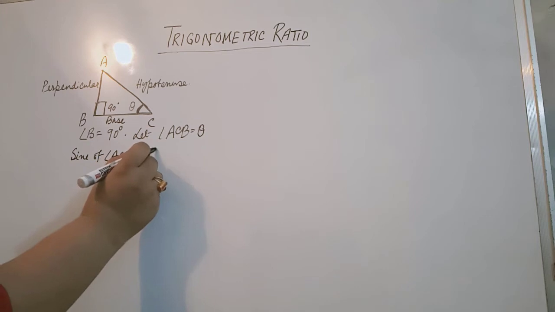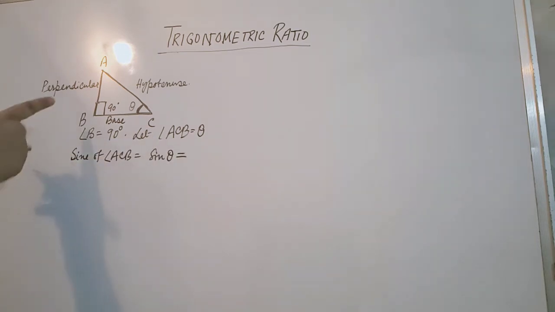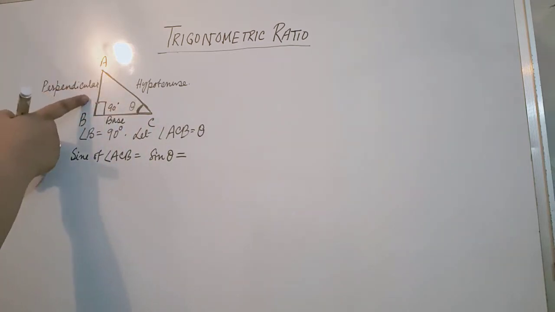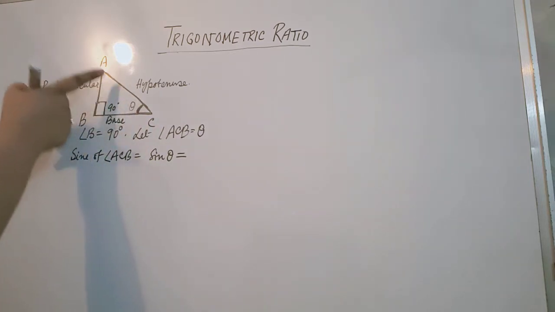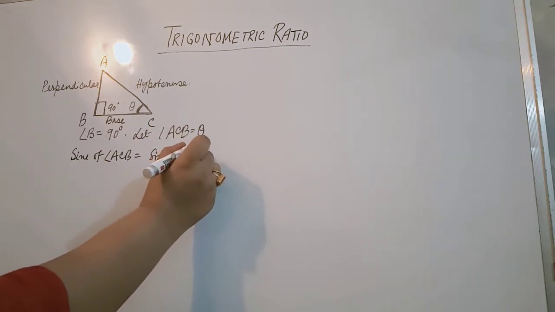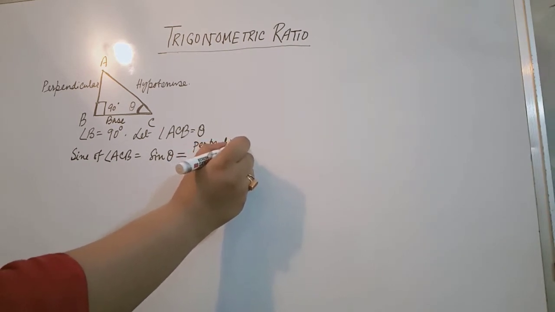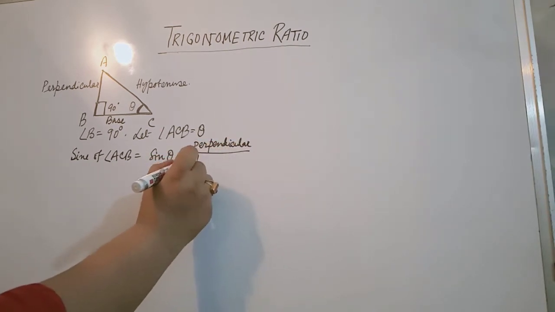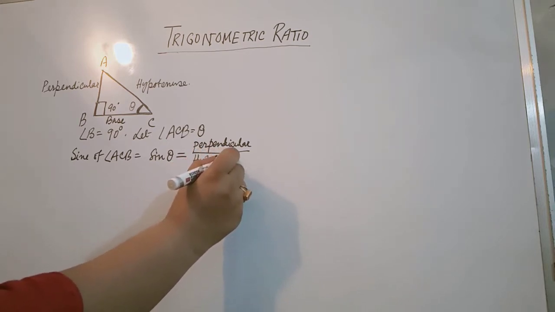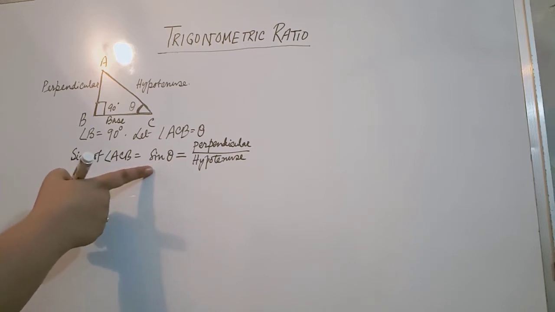In short, it can be written as sine theta, which equals perpendicular by hypotenuse, means the side opposite to this acute angle by the length of hypotenuse. So here perpendicular by hypotenuse gives the first ratio, which is sine theta.